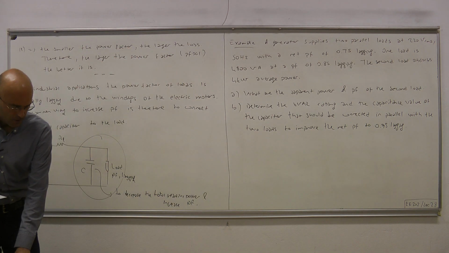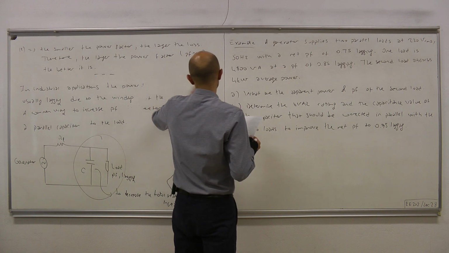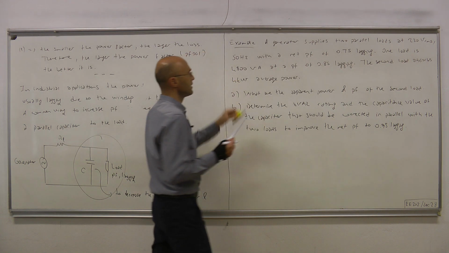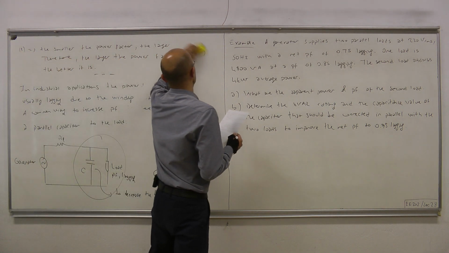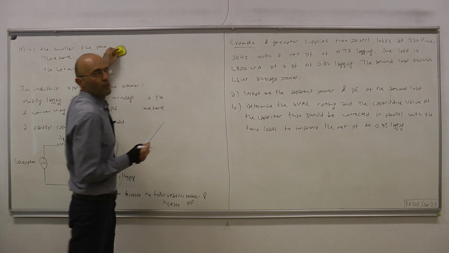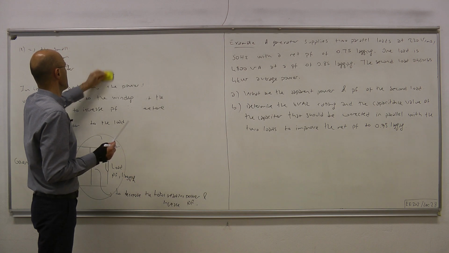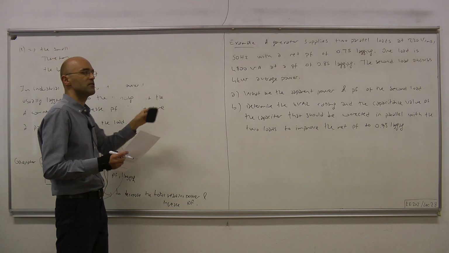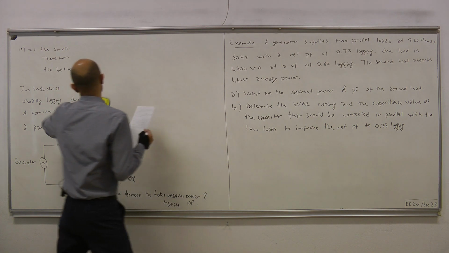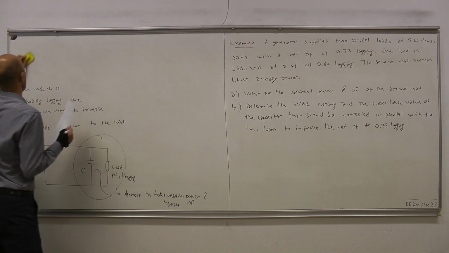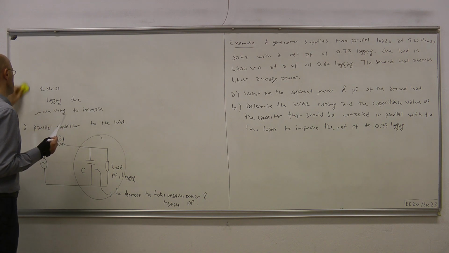Okay, so let's start from the first part. And when we're dealing with such power problems, it's almost always a good idea to have a simple sketch of the generator, the load, the transmission line, to see the general picture in a more visual way.